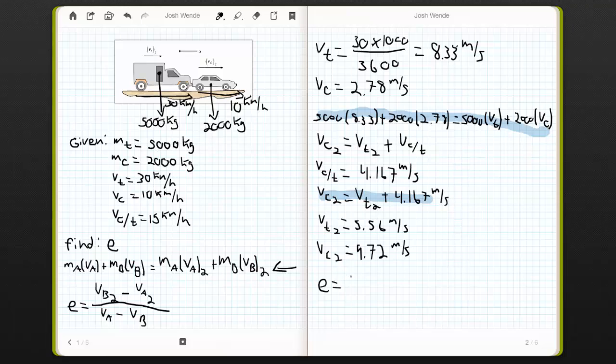So we have 9.72 minus the final velocity for the truck, which was 5.56.